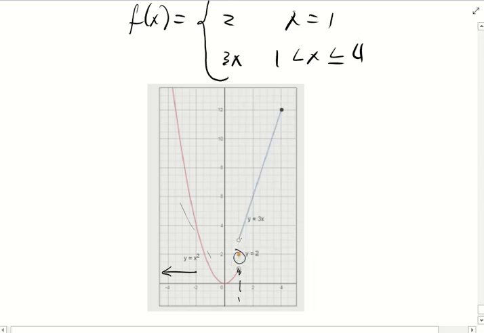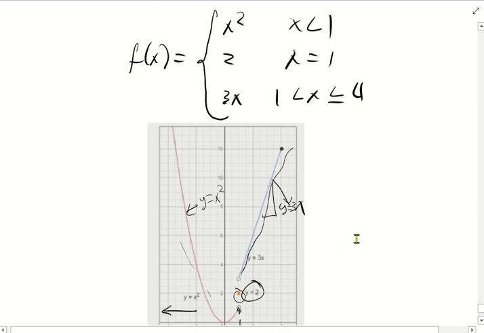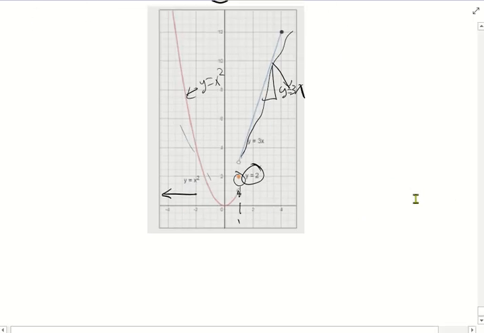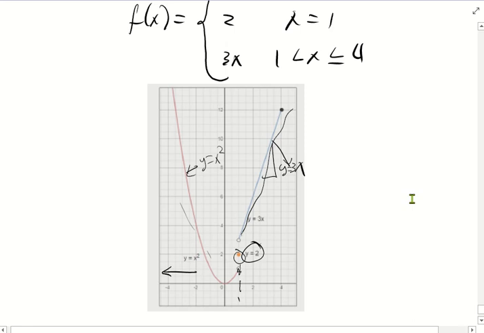After that, when x is greater than 1, it becomes a straight line with a slope of 3, or y equals 3x. So this is y equals 3x, this is y equals x squared, and this one is y equals 2. So it's a composition of different sub-functions. That is a piecewise function. We call it a piecewise function.